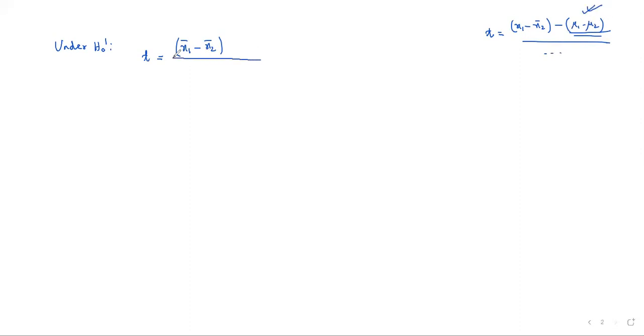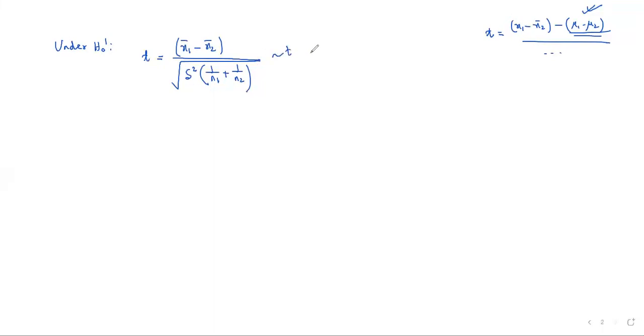So under H0, this will be equal to 1 by s square. Probably in the previous session, I wrote it as capital S, but if I did so, it is wrong. It should be s square, and this is the formula that I'm going to use.